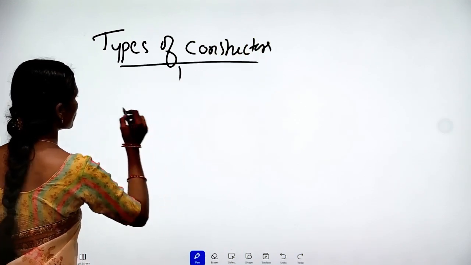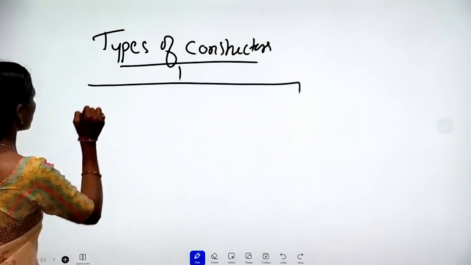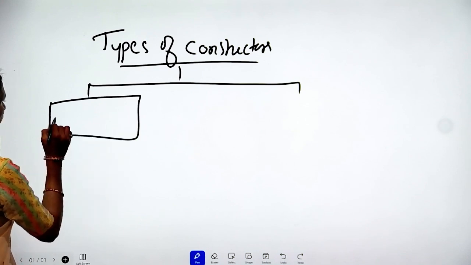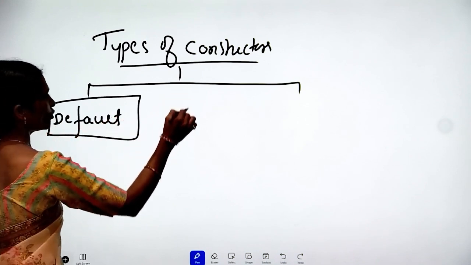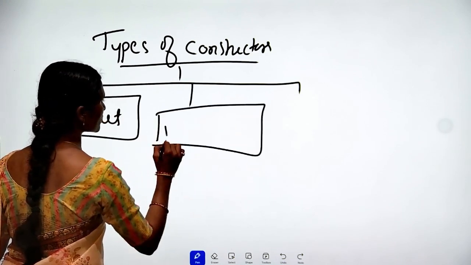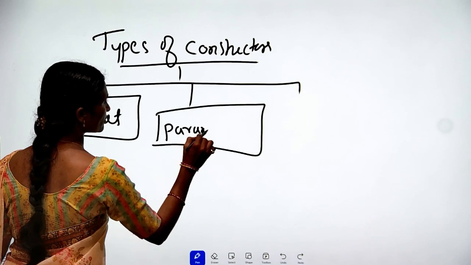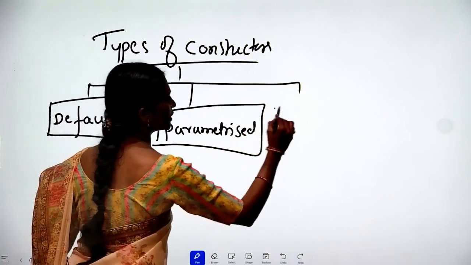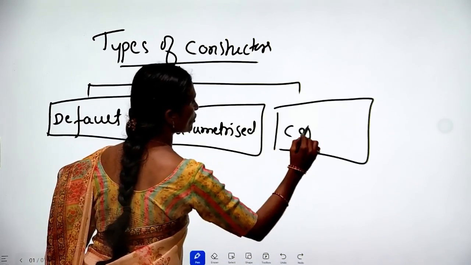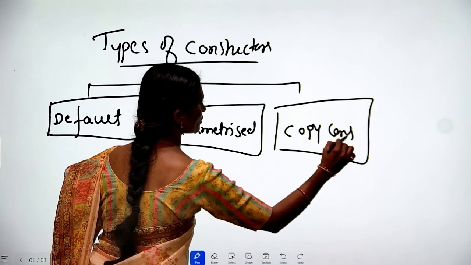Okay, so there are methods. One is the default constructor. One is the parameterized constructor. Then the third is the copy constructor.